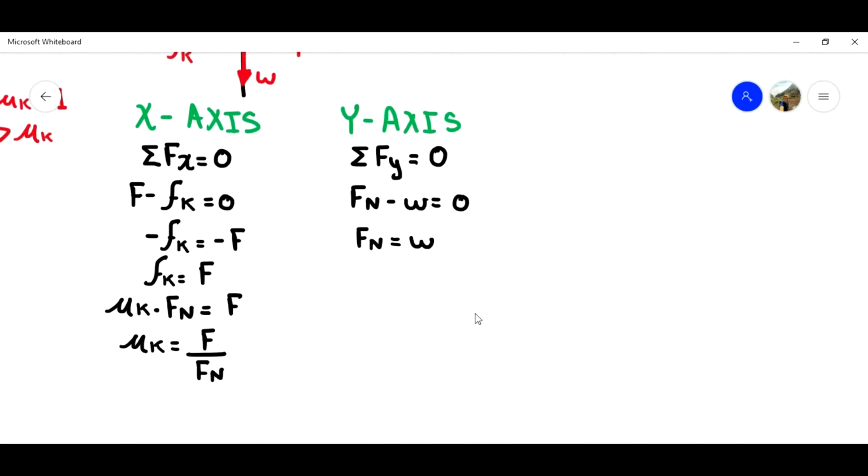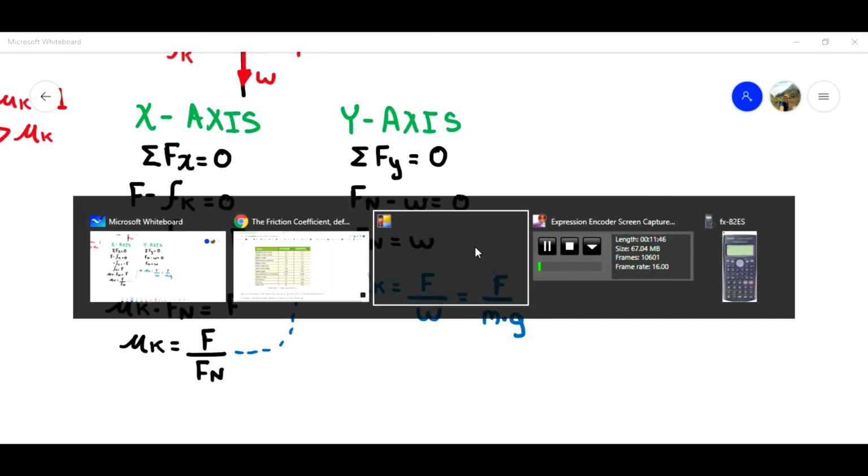And for example, I can continue with this equation over here. So I'm going to substitute the value of the normal force. I'm not going to do it with another color. So the coefficient of the friction force equals the force over the weight, because we already know that the normal force is the weight, and this will be force over mass times gravity.